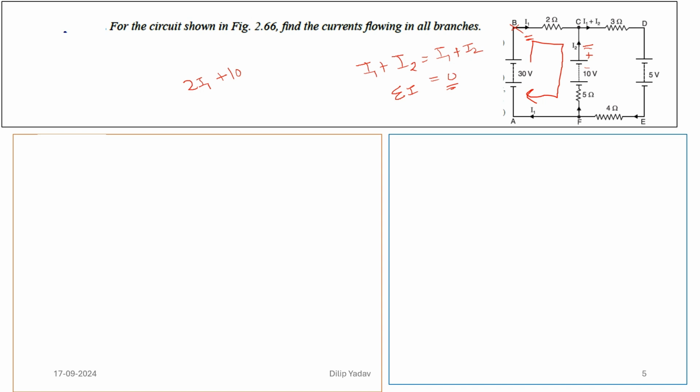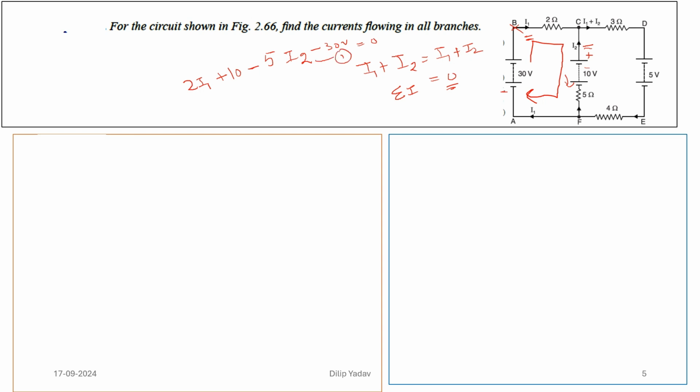At this point we have taken the direction this way, but the current direction is given the other way, so this is opposite. So I will take this as 5 of I2, and then going to this point, it is minus 30. This is the first equation.